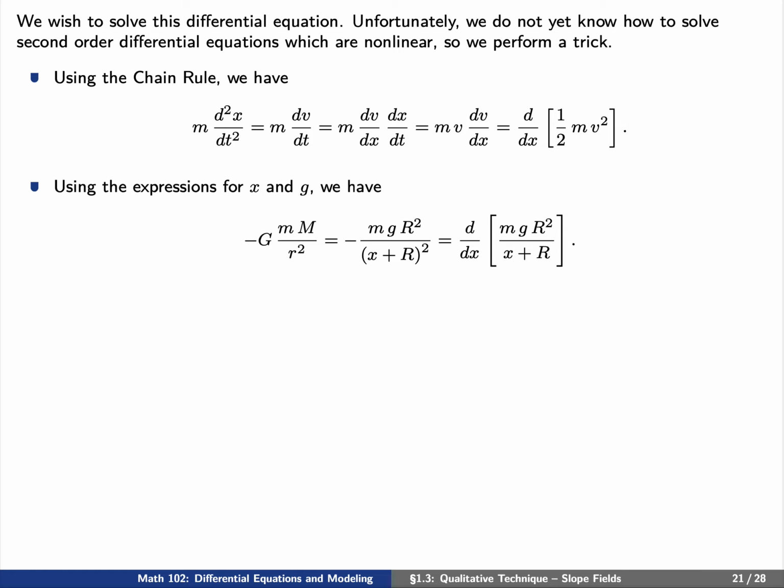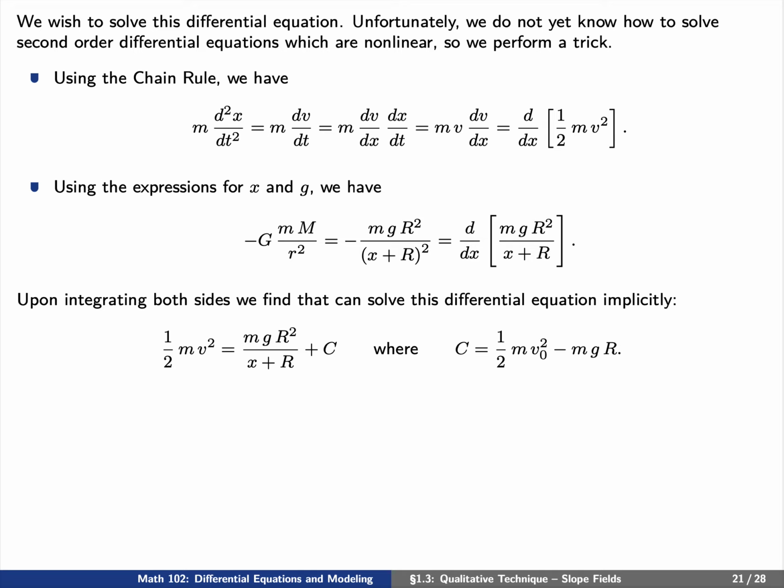Let's substitute in our expression for lowercase g and also substitute in our expression for lowercase x as lowercase r minus capital R. We'll find that this here is equal to the derivative d/dx of mgR squared divided by x plus R.